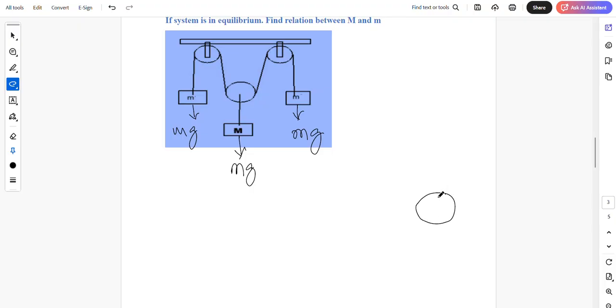Here this is capital M, weight is Mg, the pulley is like this, and strings are connected like this. Tension will be there here, tension will be there.